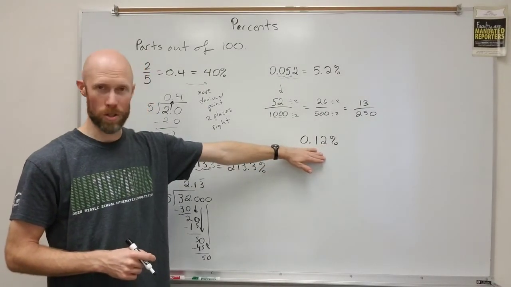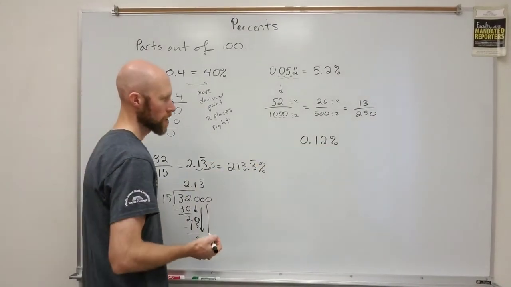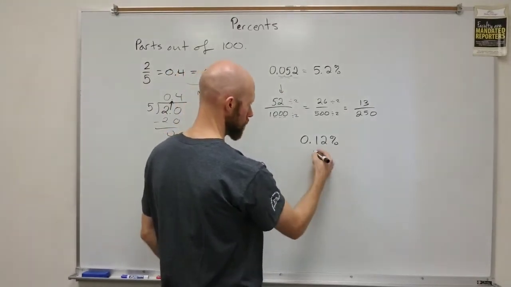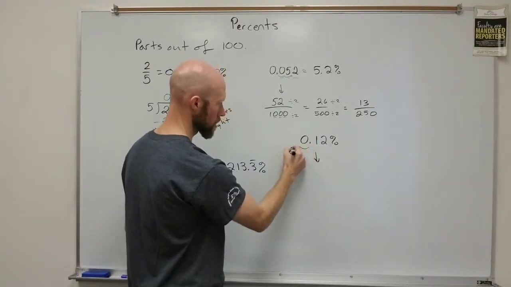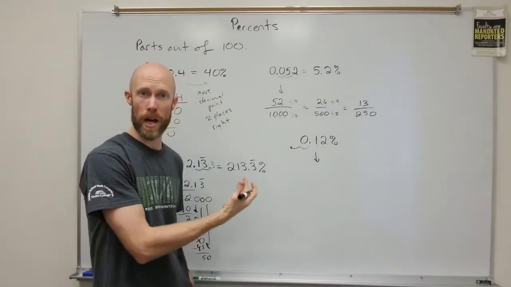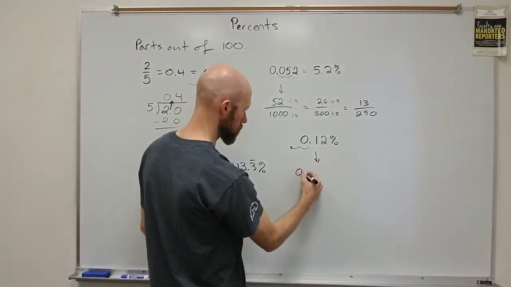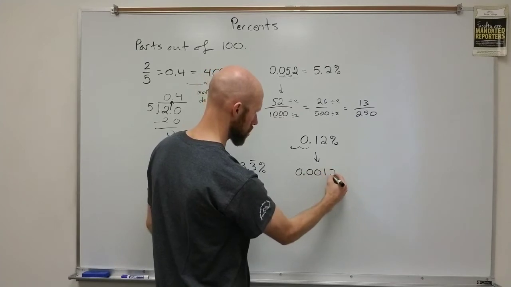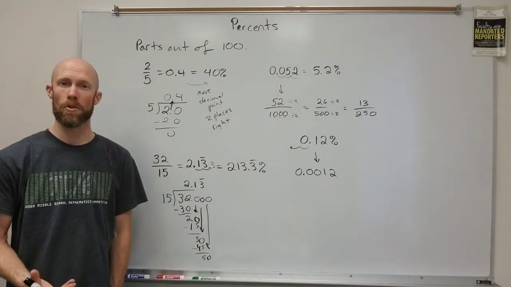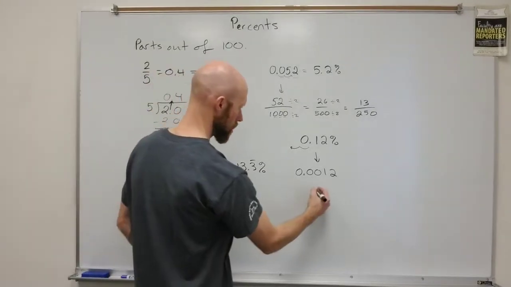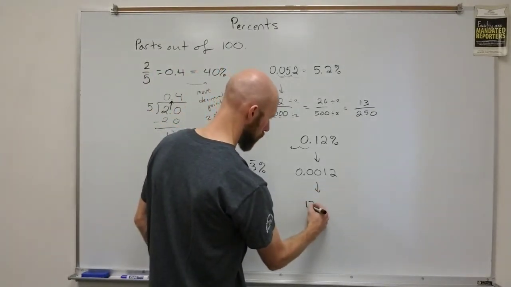Let's say it's 0.12%, then to convert that to a decimal, you would have to move the decimal point to the left 2 places, so the opposite direction, and you end up with 0.0012.